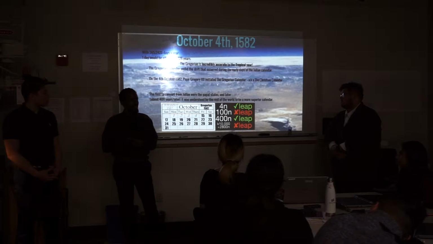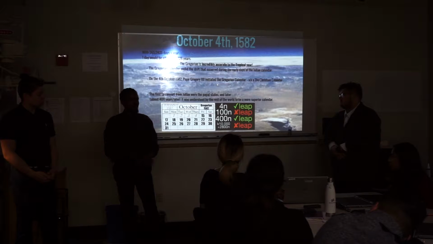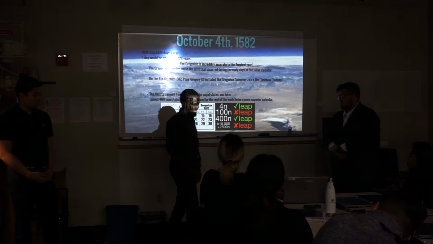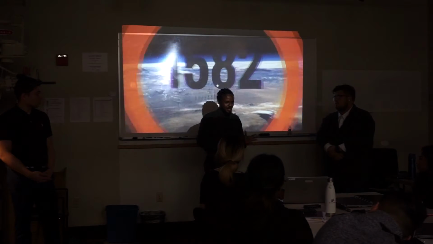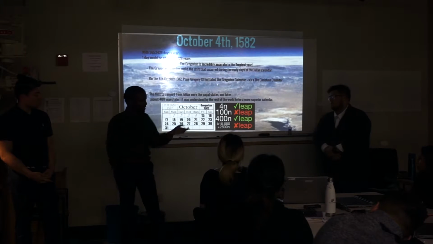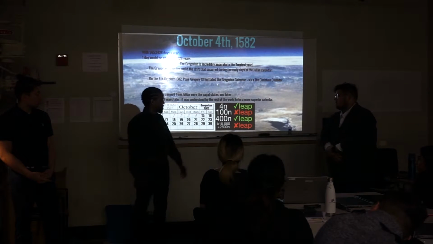That would mean it would only be off by one day every 3,226 years. And the Gregorian calendar was very close. It was eerily close to the tropical year. And those are the rules for each leap year.